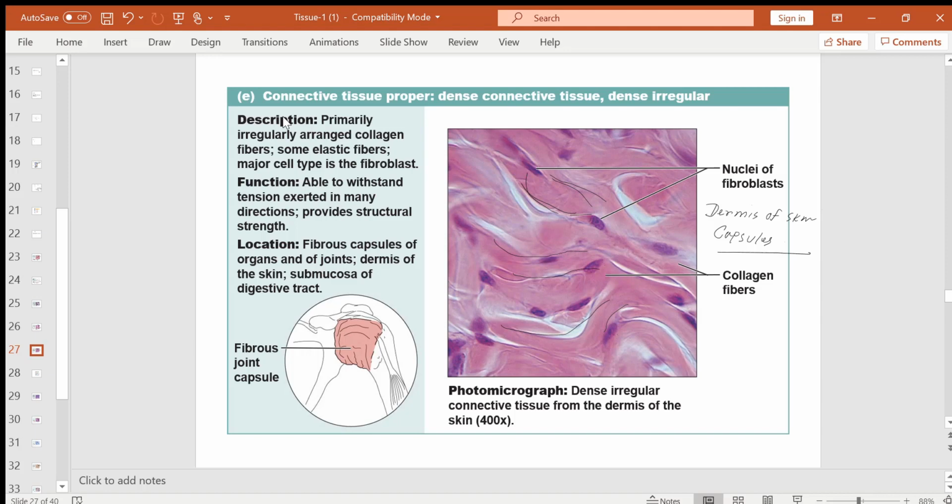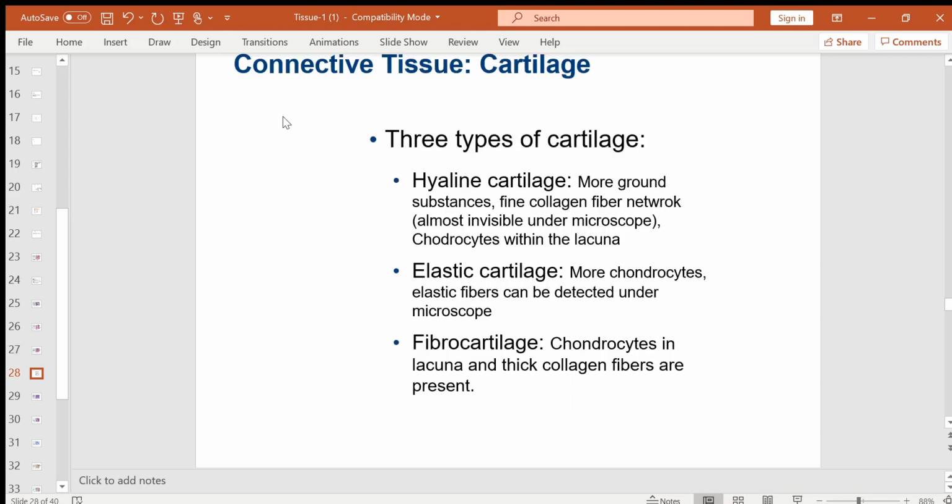Cartilages, three types of cartilages: hyaline, most common type, elastic, and fibro. Hyaline cartilage is found in many structures. Fetal skeleton, whole skeleton of a fetus is formed by hyaline cartilage. Okay, then costal means rib cartilages. Those cartilages are attached to the ribs in the thoracic cage.